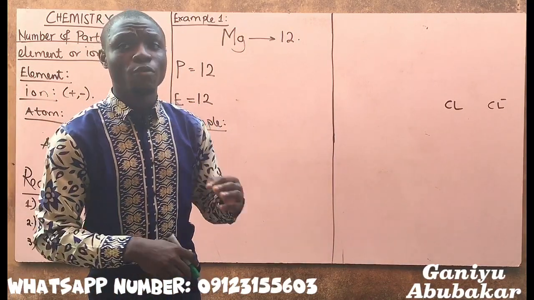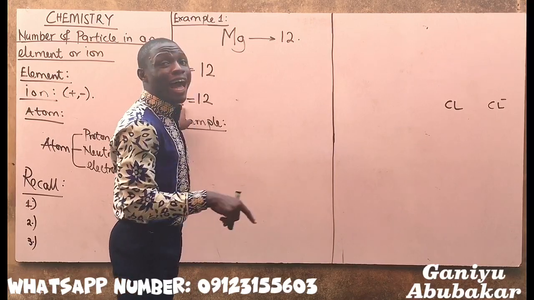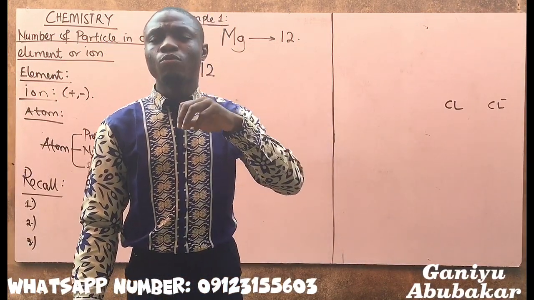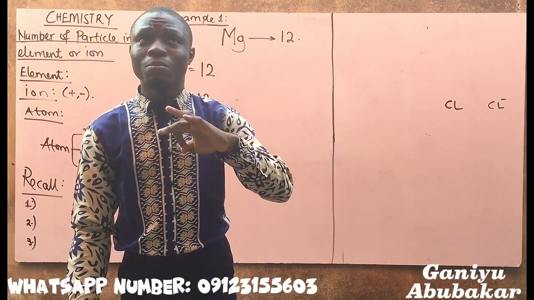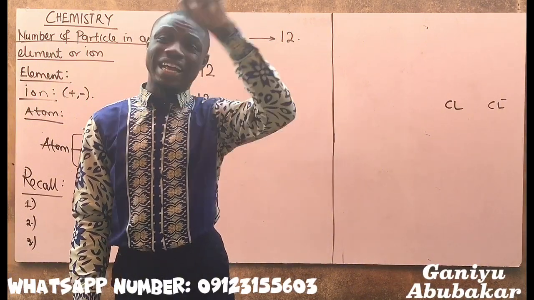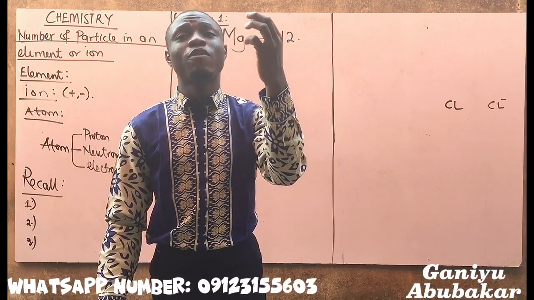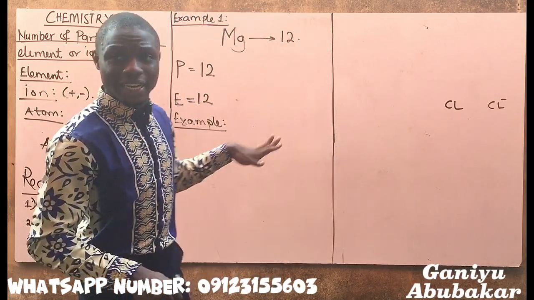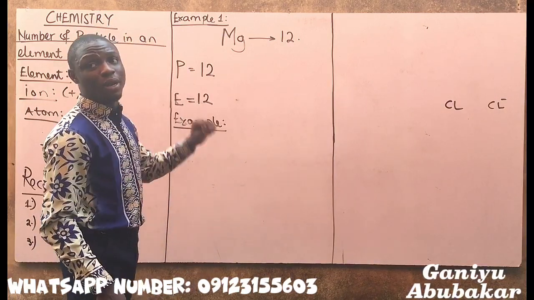Normally we are meant to find the number of electrons, protons, and neutrons, right? So how do you get neutrons? We'll discuss that much better in the next class. In the next class, we'll not be looking at how to find the number of electrons, protons, and also neutrons. But in this case here, let's discuss protons and electrons very well.